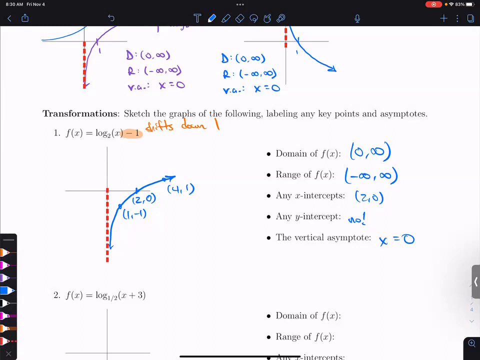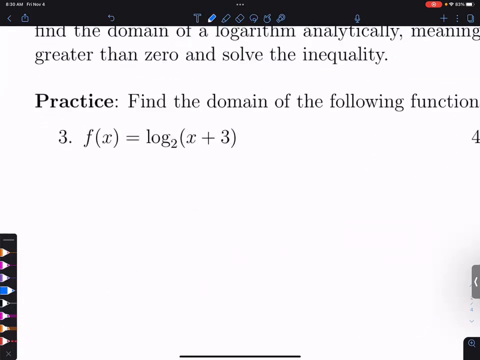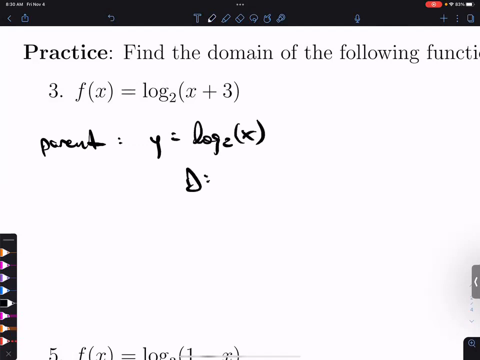Okay, so the other thing to talk about here is how we make sense of what the domain of these things is. We can look at it and identify the shift that's happening. The parent function here would be the log base 2 of x, and its domain is 0 to infinity.